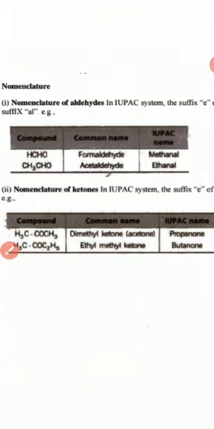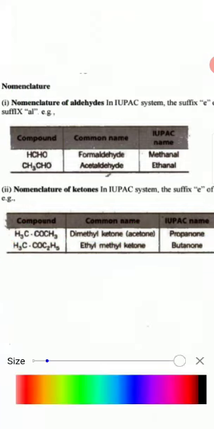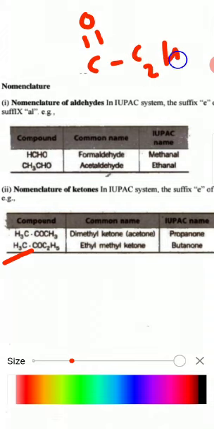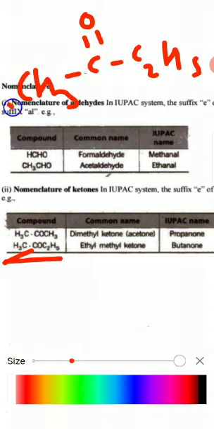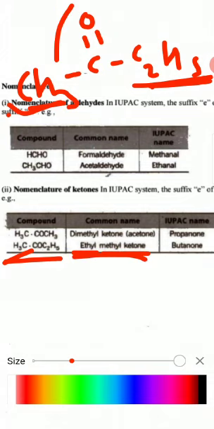Next example: C double bond O, one alkyl group is ethyl and one is methyl. The common name of this compound is, as one ethyl and one methyl group are present, in alphabetical order E comes first, hence ethyl methyl ketone.